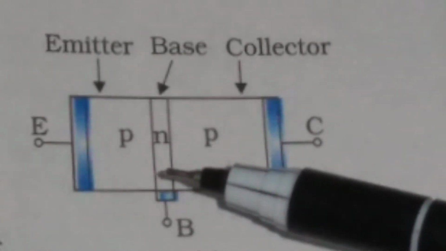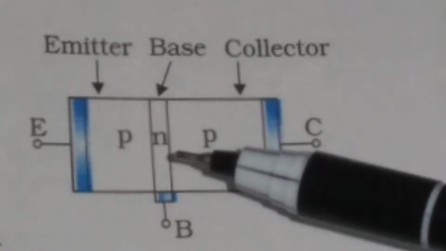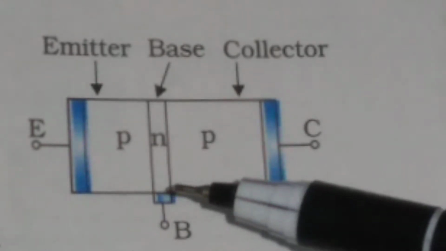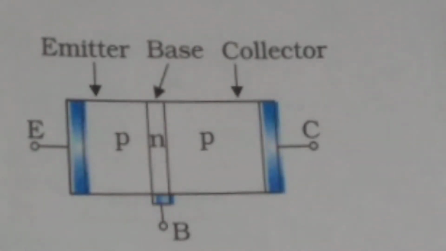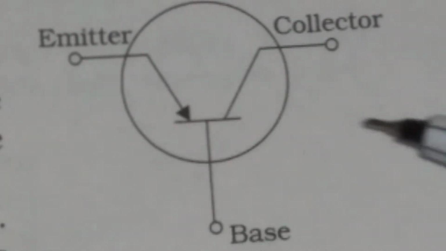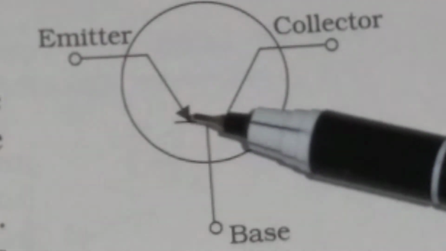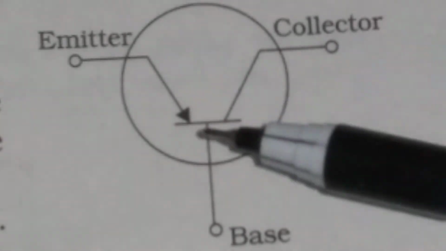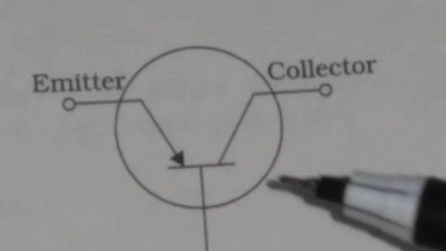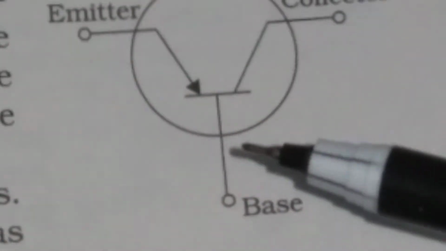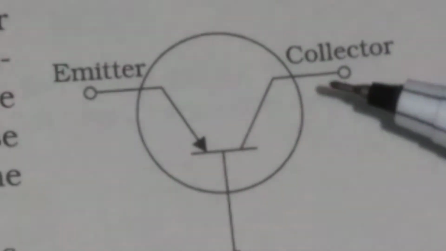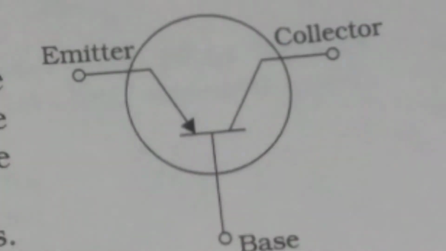Here one PN junction, here another PN junction. So this is your emitter, this is your base, and this is your collector. And this is the symbol for the PNP transistor. Here the arrow is inward. Why the arrow is inward, we will discuss later. And this is your base, this is your emitter, and this is your collector.